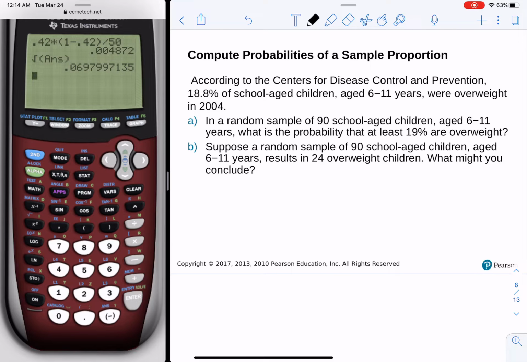So in this problem, according to the Centers for Disease Control and Prevention, 18.8% of school-age children aged 6 to 11 years were overweight in 2004. And part A says in a random sample of 90 school-age children aged 6 to 11 years, what is the probability that at least 19% are overweight?